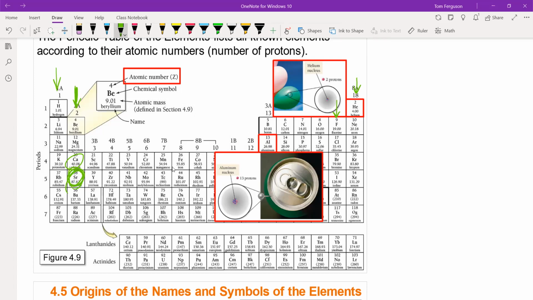What's it near? What's it above? Calcium.